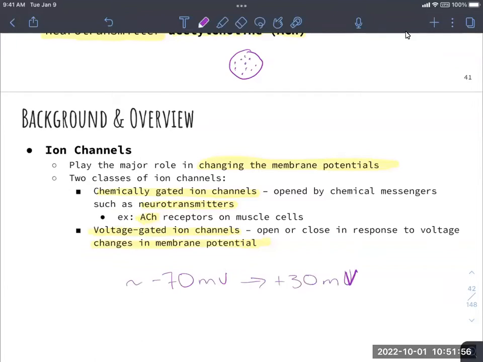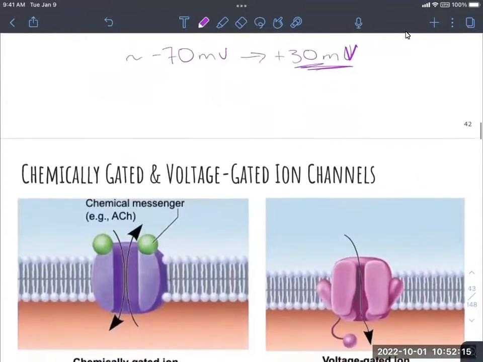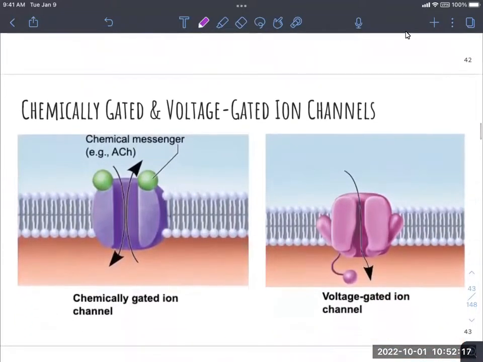Well, that cell wants to be back down to its resting membrane potential, so it needs to open some of these voltage-gated ion channels. They see this +30, and they're going to open up to let some of the positive charges that have come into the cell out. We're going to look at how exactly this works. So these are the different kinds of ion channels.